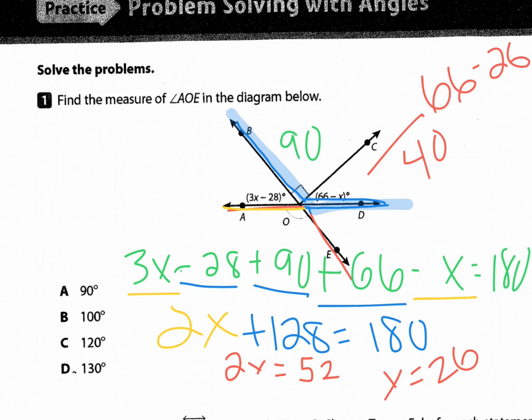So we get 130 degrees, which means that vertical angle that we were just talking about, I think it's in red, the angle AOE in red is the vertical angle, which means the answer is 130 degrees. Up to the left.